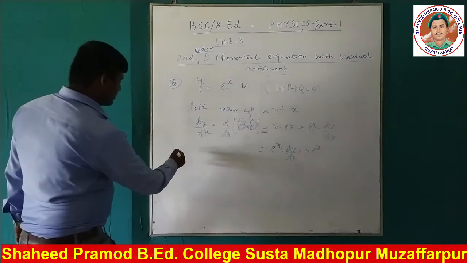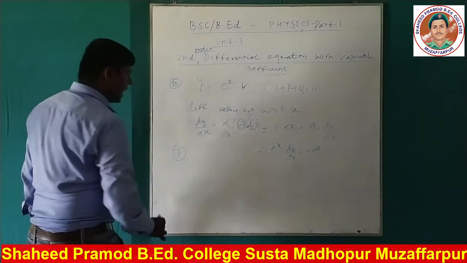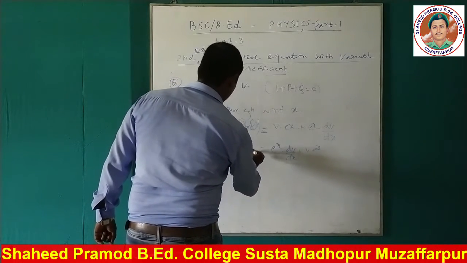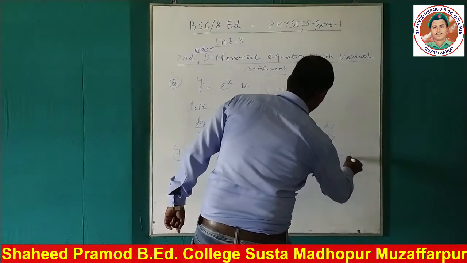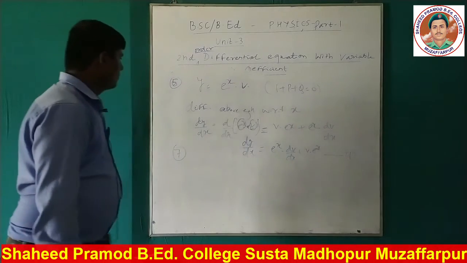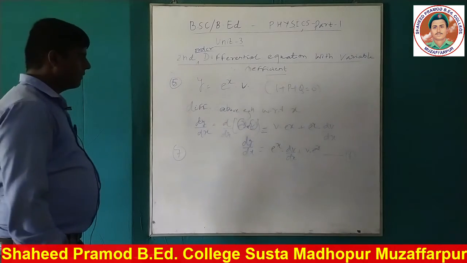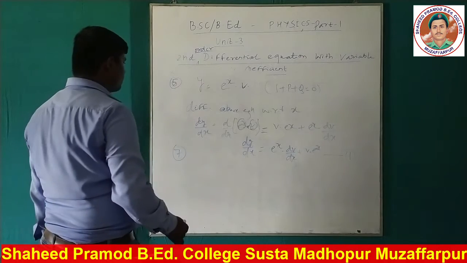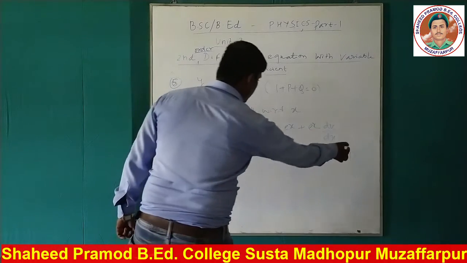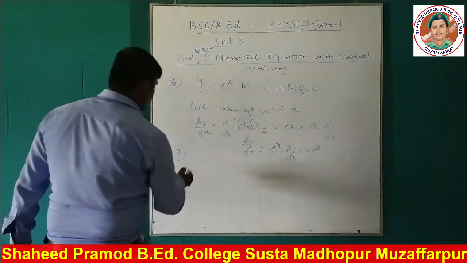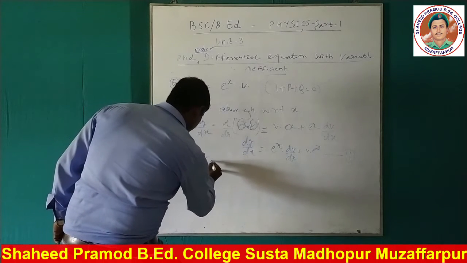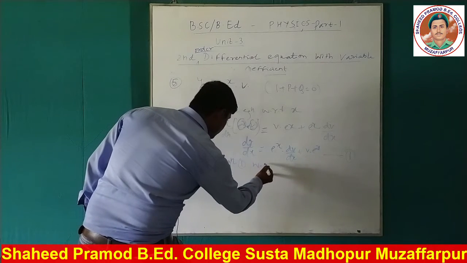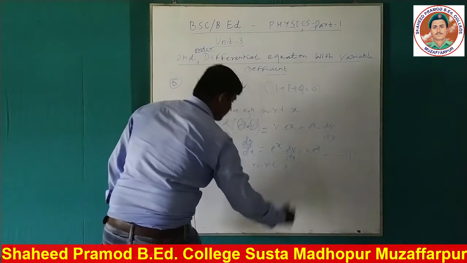Now what is the seventh step? Now in seventh step you have to double differentiate, you have to again differentiate this equation with respect to x. So differentiate equation 1 with respect to x.